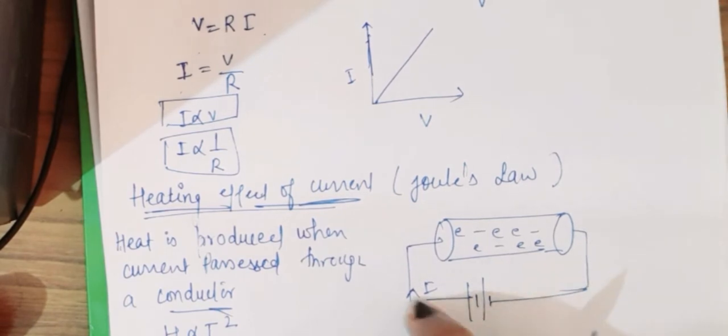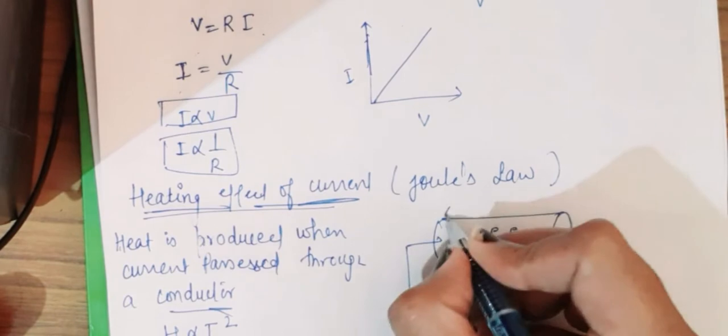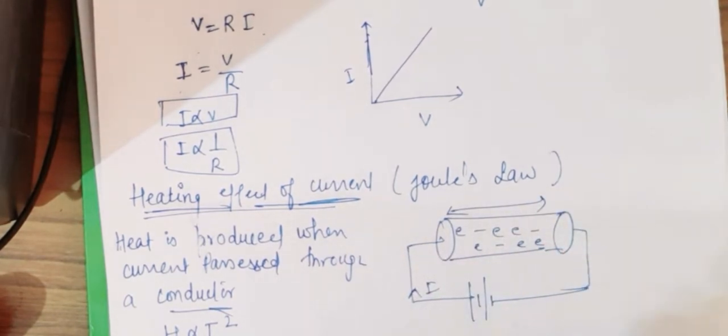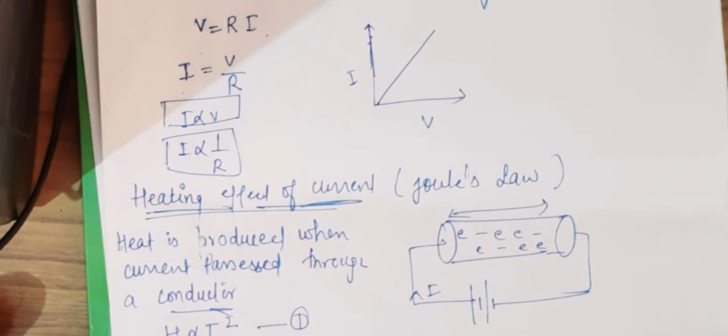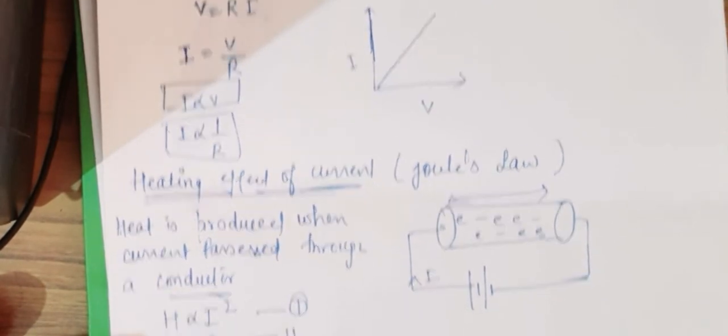If the current is provided for more time, more heat is produced. So H is directly proportional to T. So from the first, second and third relations, we get H is directly proportional to I square RT.